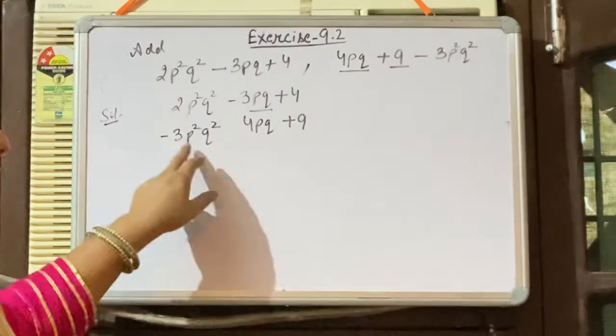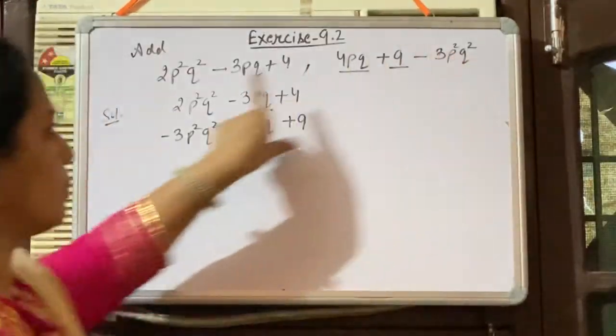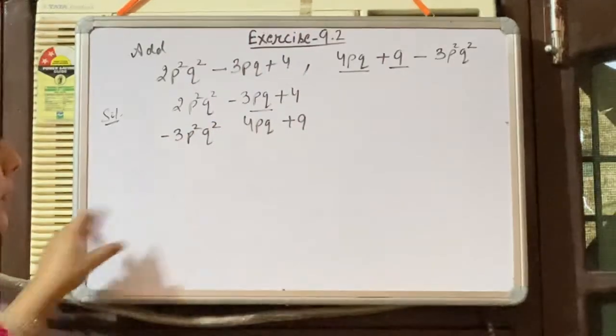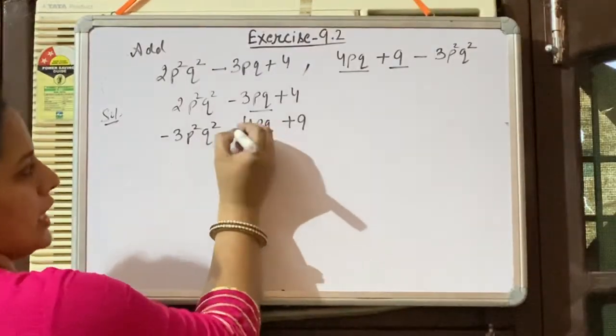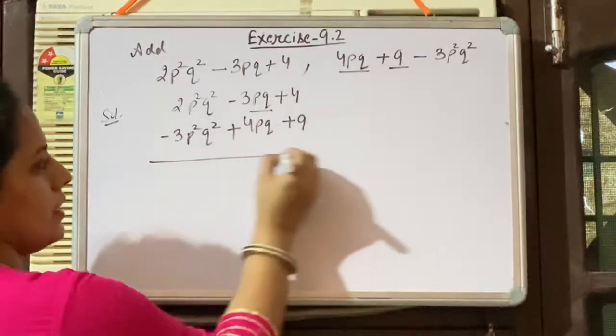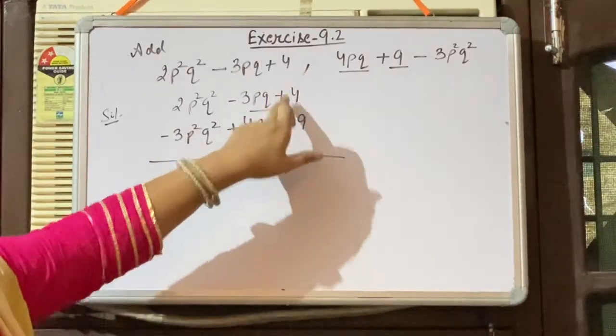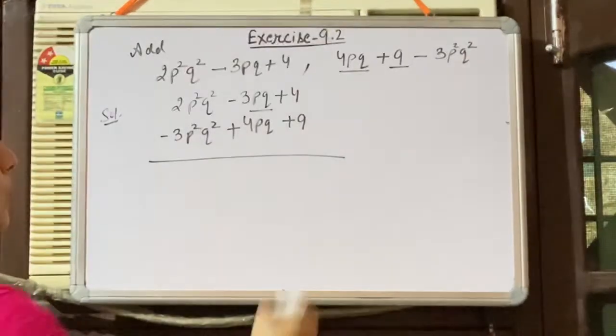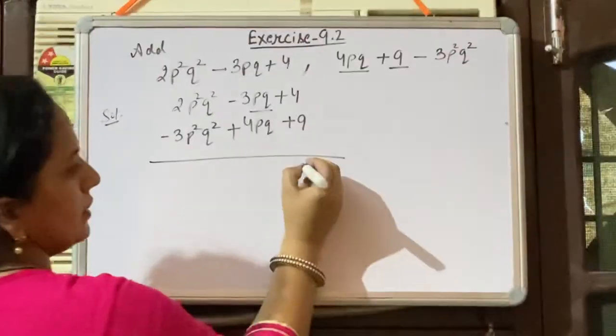Put the sign with the term. It is in negative form, so put a negative sign here. If here we have no sign, then put the positive sign. After this we can solve. Both of the signs are of addition, so we can add these terms, then we get 13.